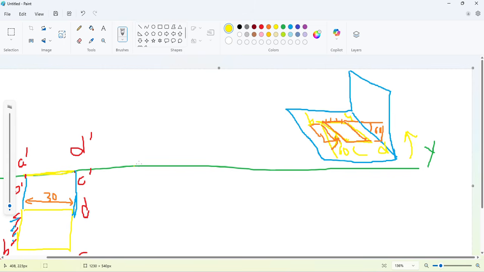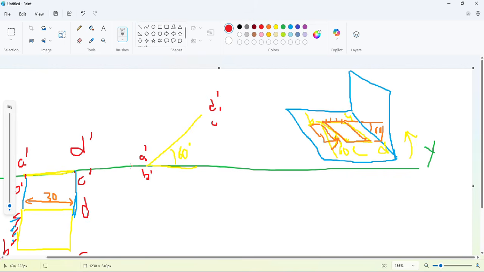In manual drawing, you have to make this 30 mm line inclined with this XY line, and this angle is going to be 60 degree. And this point is A dash and B dash, and this is D dash and C dash.